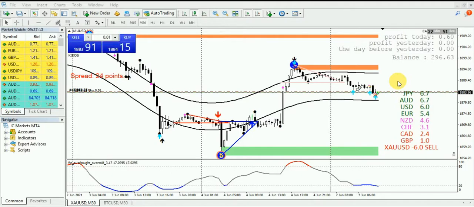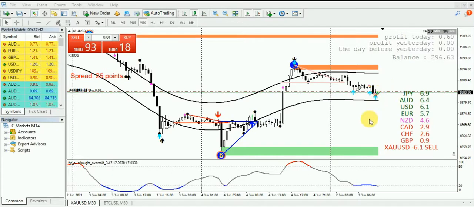Now when to avoid this EA: you only avoid it when there is USD news. Whenever there is USD news, you just avoid using the EA. The EA has been built with some RSM indicators together. Since it's trading for you automatically, it will open a trade and close in profit automatically.